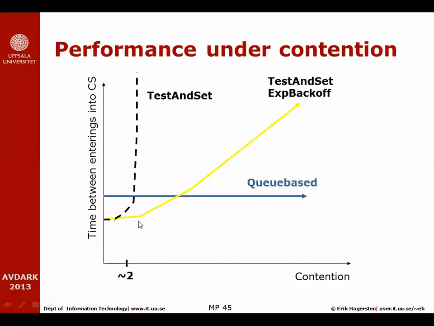We have the Q-based locks. For non-contended locks, it's more complicated to acquire the lock, so we have some complication that's not needed, and that adds some overhead for a non-contended lock. But once you get into a contended lock, it's actually constant time. It doesn't depend on n. The constant time is proportional to some constant factor times 2. So regardless of how many threads you add, it's roughly the same.